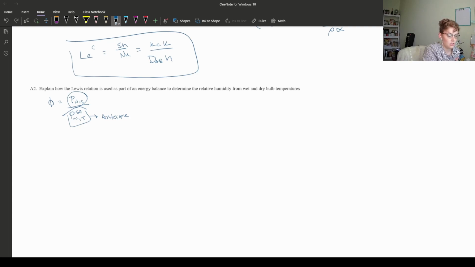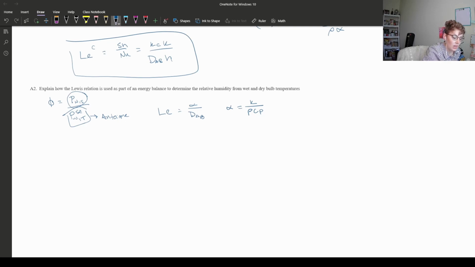The first thing that we're going to do is we know that our Lewis number can be defined as the thermal diffusivity over the mass diffusivity, and we're going to further bring that down into terms of the thermal diffusivity, which is equal to the conductivity over the density times the heat capacity, which is actually the volumetric heat capacity, so that's what I will be calling that term.